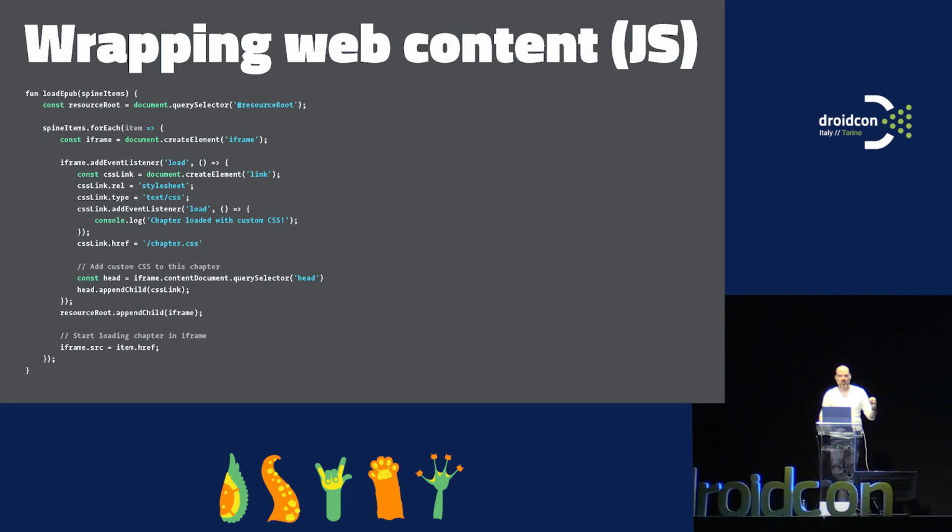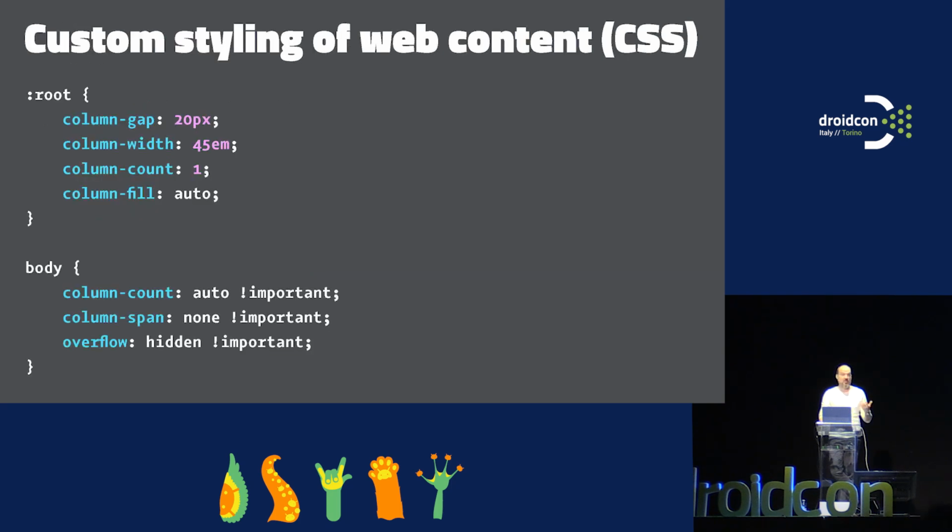That's a nice thing to know in JavaScript. You get a load event if you add an element to an existing document, because everything happens asynchronously. We define where the CSS is that we're going to use for this chapter, and then we fetch the head element inside that iframe, and we append our CSS link into that one. So now we injected a CSS into our chapter.